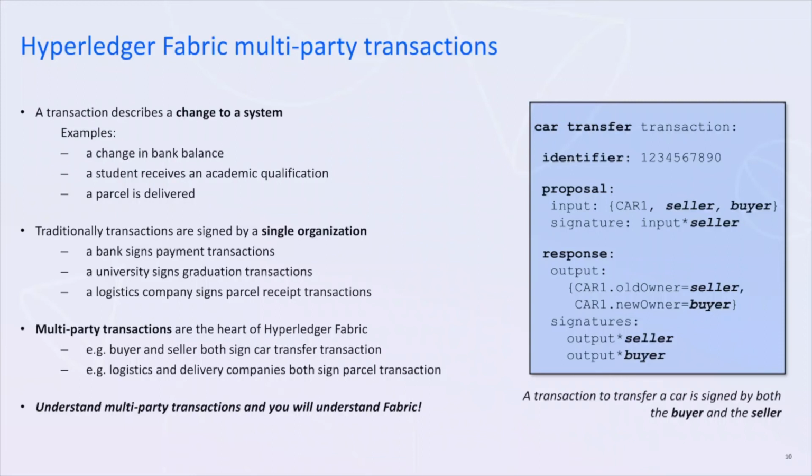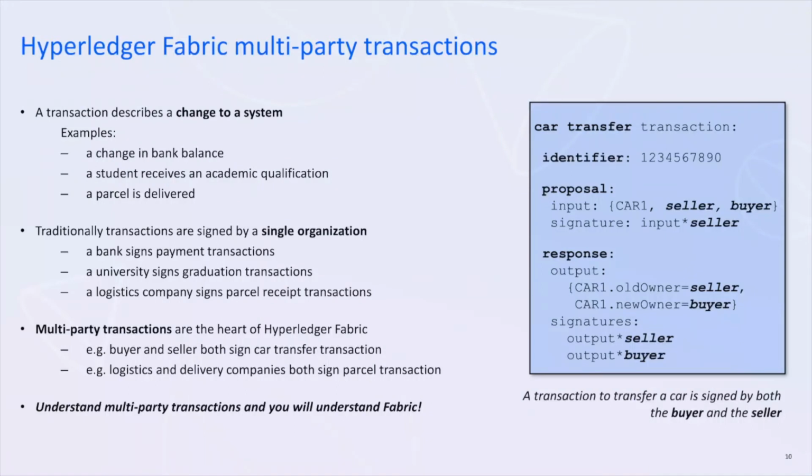Whether you are issuing a check that updates the balance in your account, or receiving an academic qualification with somebody signing your certificate, that is a transaction. Typically, transactions are signed by a single organization, like a bank, or a single university signing a graduation certificate.